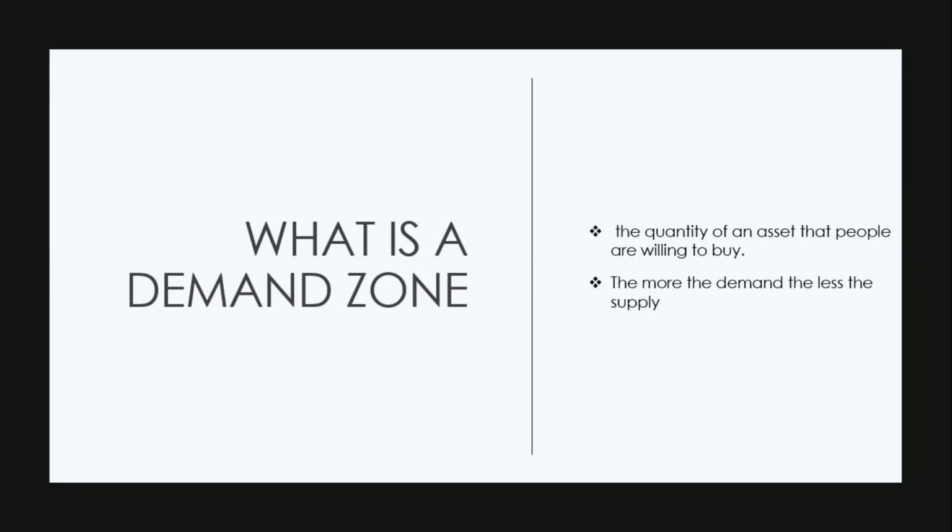Like right now, since the iPhone 15 dropped on Friday, it's now in demand, right? And people are willing to buy it, even though nothing changed. You get me? Okay, the more the demand, the less the supply. There's a high demand because there's no supply.